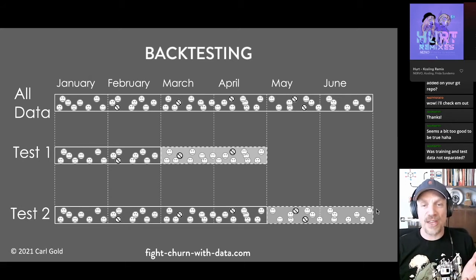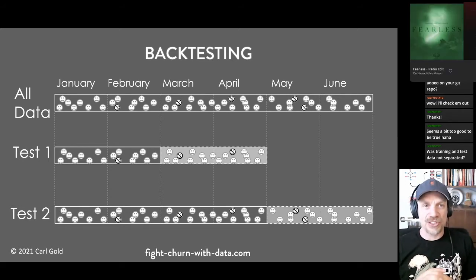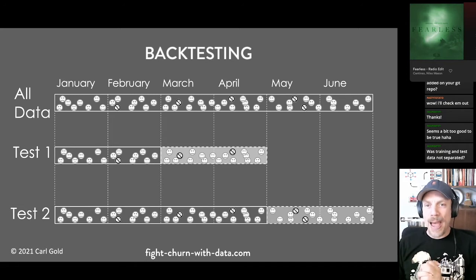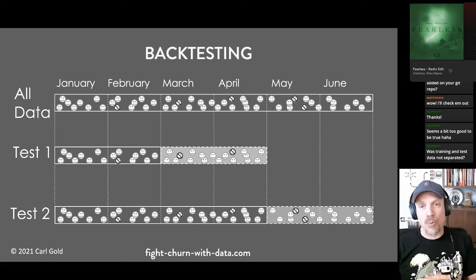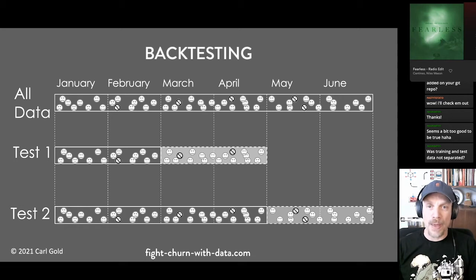Now, why do this instead of standard cross-validation? I'll just explain briefly. Backtesting was invented by Wall Street quants, people who work at investment banks and hedge funds. And they were using statistical models to predict the stock market. They've been using it for a long time. They started doing this back in the 80s and 90s. Before we had XGBoost, they were predicting the stock market with statistics.